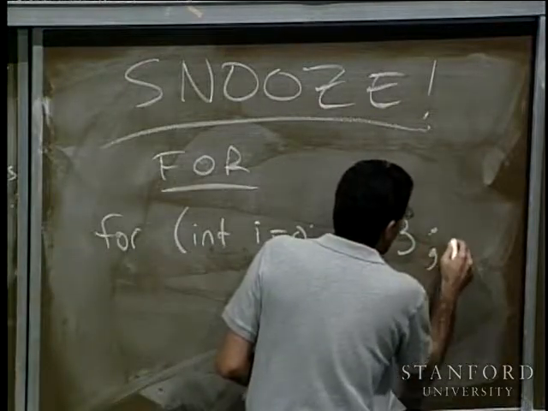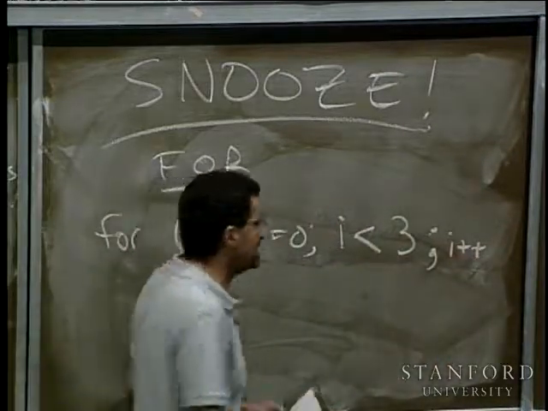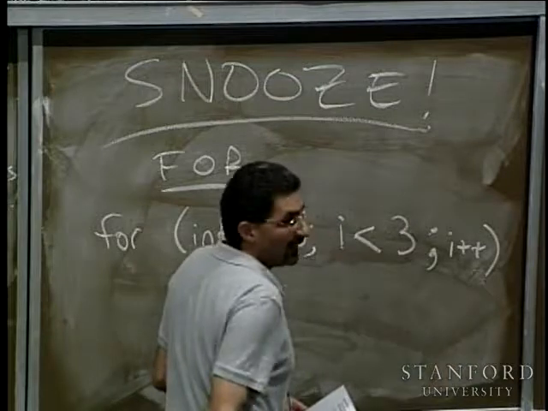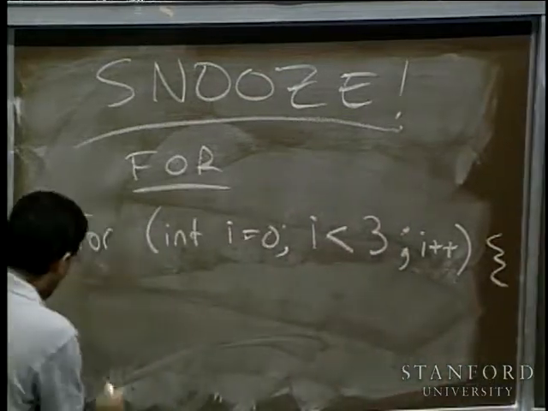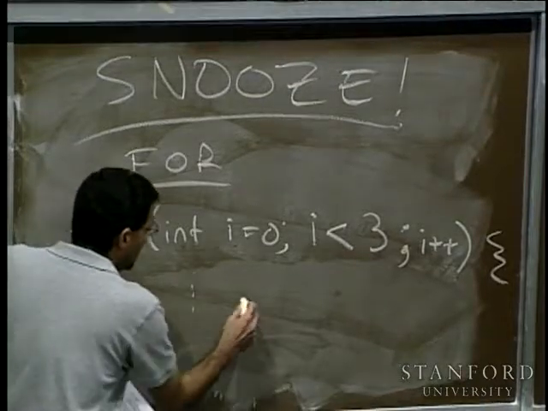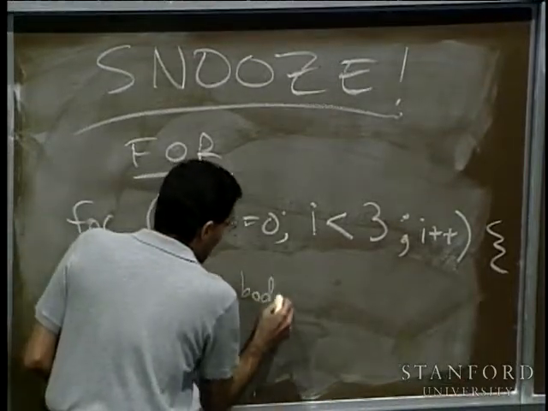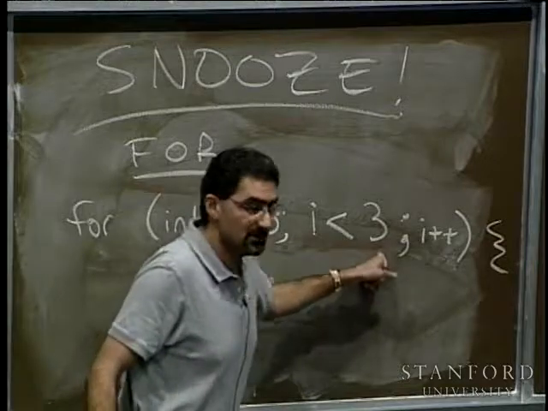Then another semicolon, and then an i followed by a plus and a plus with no spaces, and then a close paren. And then after all that, you have an open brace, and there's a closed brace down here, and everything that goes here is the body of what we refer to as the for loop, and that body gets executed however many times you say here.